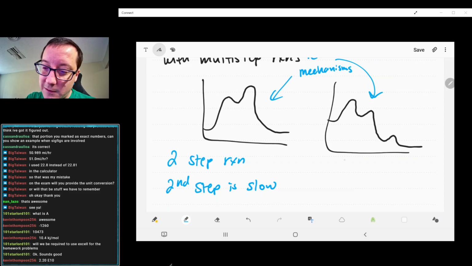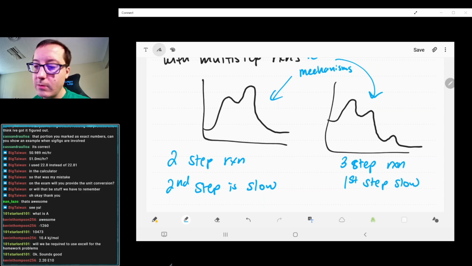We'll be able to throw out a graph like this. If we were to look at this one, we would see that this is a three-step reaction, and the first step is slow. And so we're going to see what all this is related to. These are just hints as to what sort of things we're going to see here.